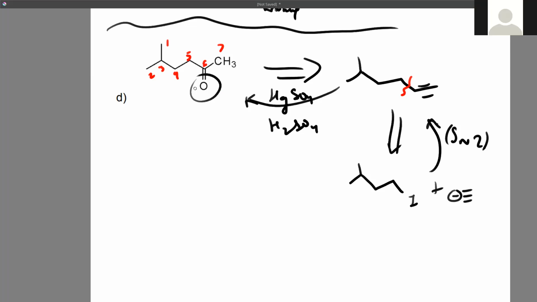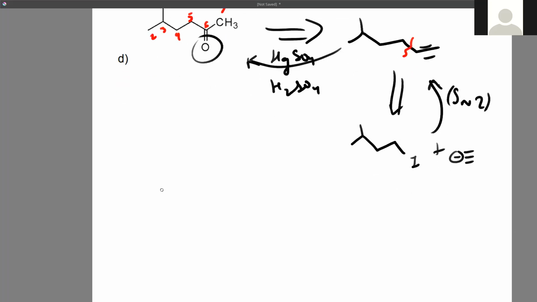Looking at that 5 carbon, we could have used either a Grignard reagent, with that whole side of the chain attached to Mg and a Br, or we could have used a lithium reagent, with an acid chloride.